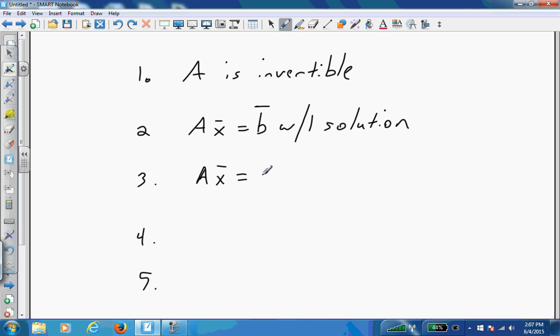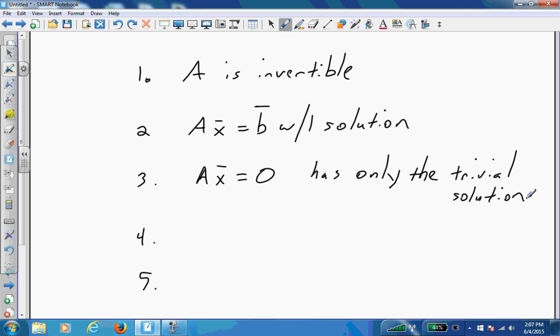The homogeneous system of equations has only the trivial solution. When we talked about the homogeneous system of equations, if you row reduce that and you have a pivot in each row on the left side of your augmented matrix, then that means none of your variables would be free.